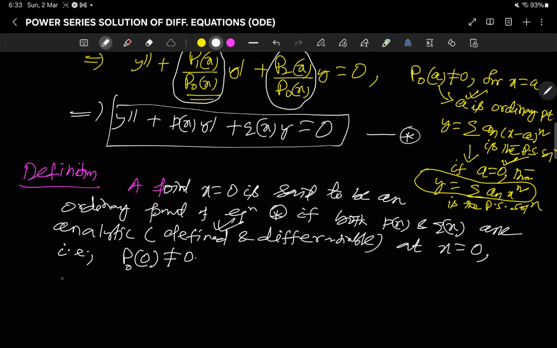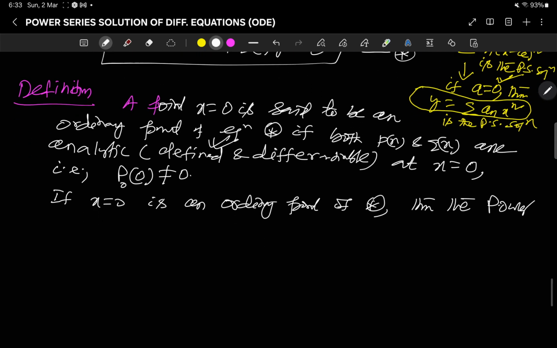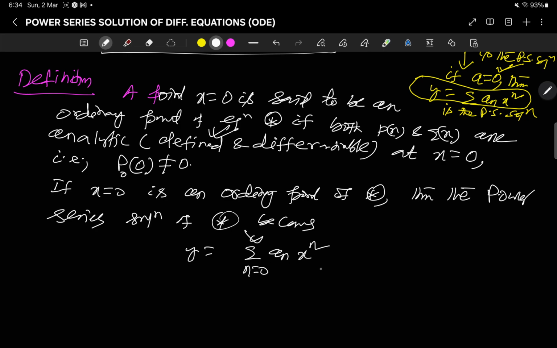So if x equals 0 is an ordinary point of star, then the power series solution of star becomes y equals the summation of an x to the power n, n equals 0 to infinity.